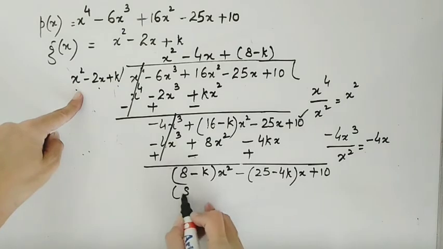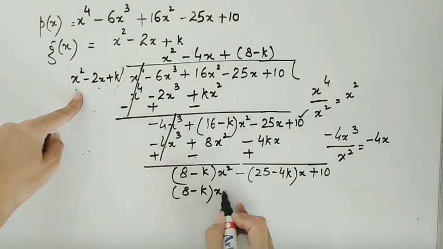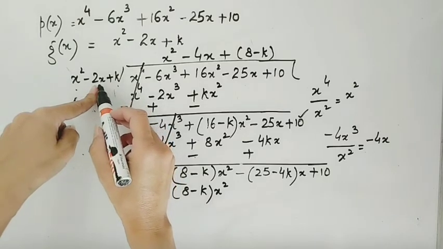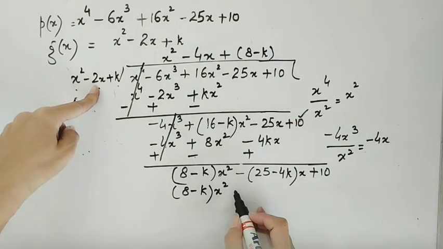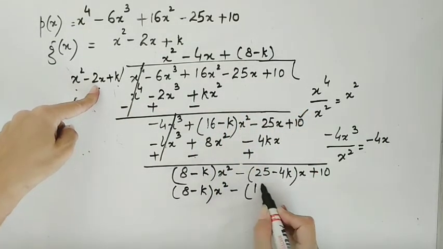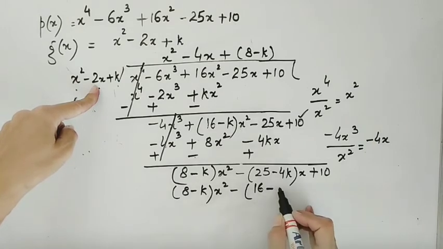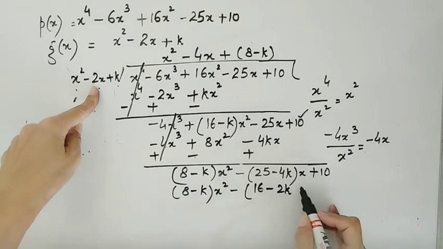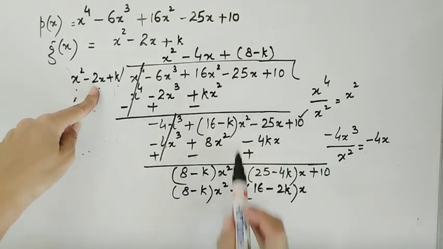So the first term would be (8 minus k) x square, minus 2 times x into (8 minus k). So let me take minus common. This would be 16 minus 2k into x.